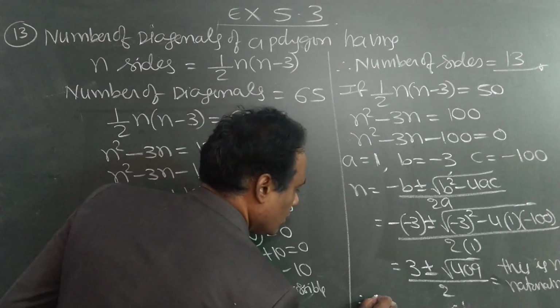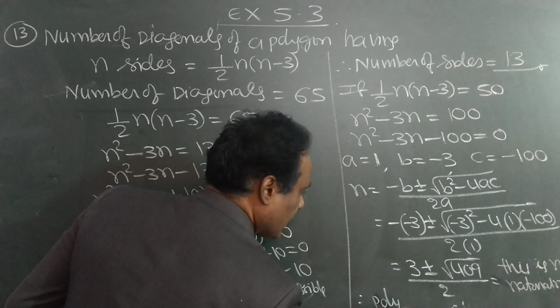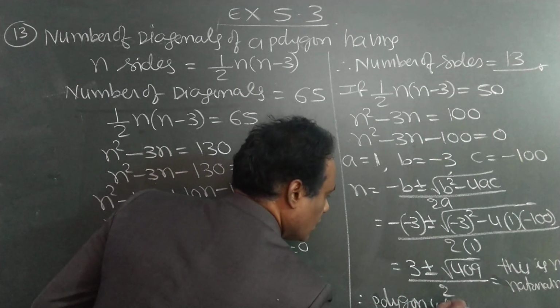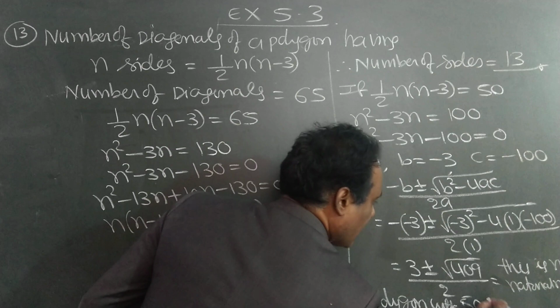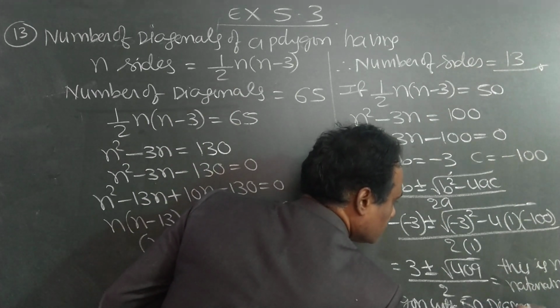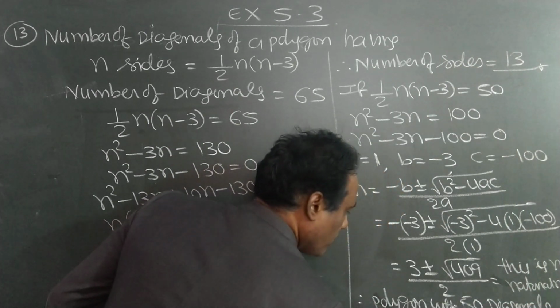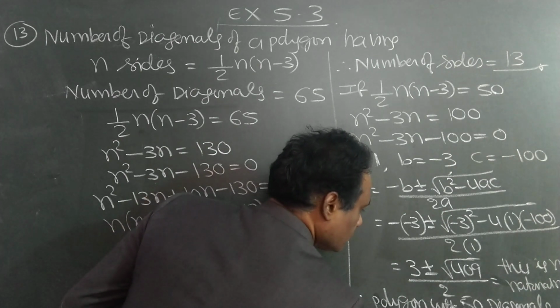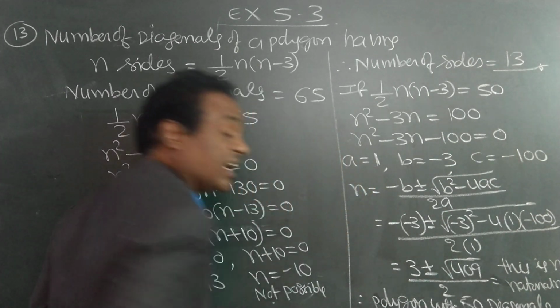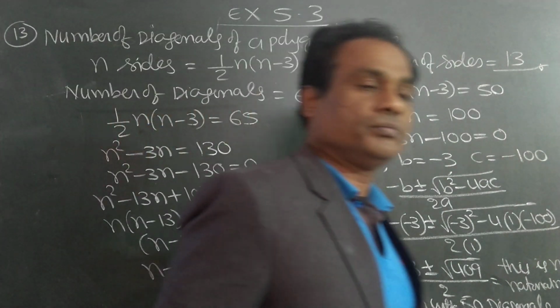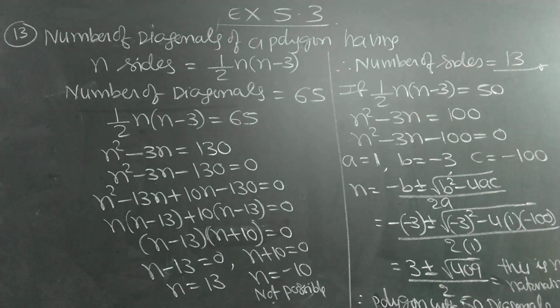Therefore, a polygon with 50 diagonals is not possible. Write down. Polygon with 50 diagonals is not possible.